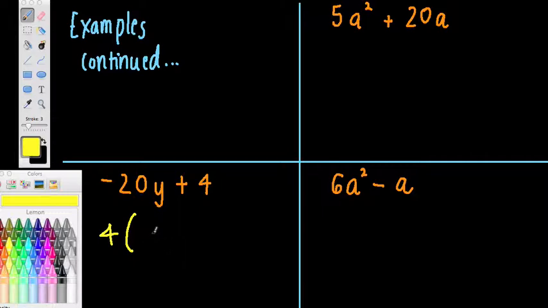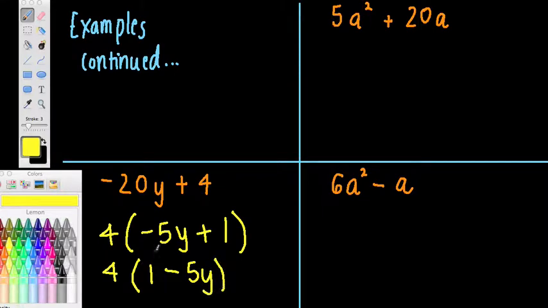And what I'd be left with here would be negative 5y. And this would be 1, because 4 times what gives me 4? 4 times 1 gives me 4. Now, you don't often see this in a bracket putting the negative at the front. What you will most likely see is it rewritten like this, so that we don't have that negative at the front. That doesn't look very nice.